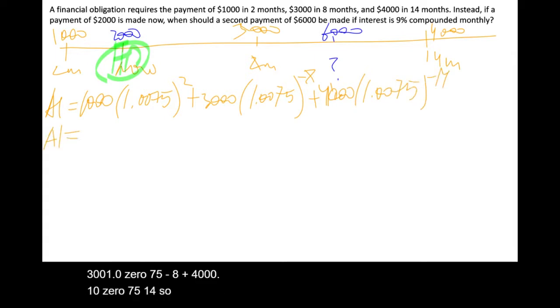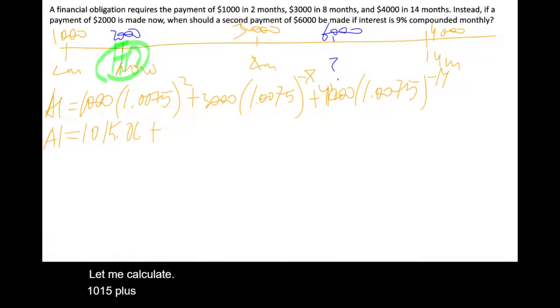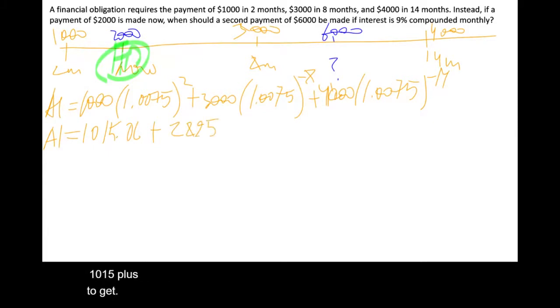So A1 equals, okay, let me calculate. 1015.06 plus 2825.93 plus 3602.71.